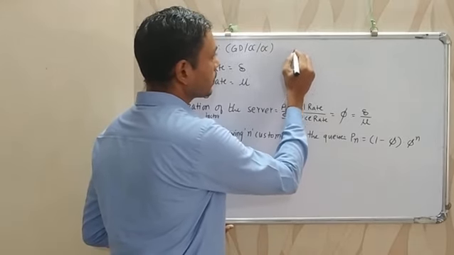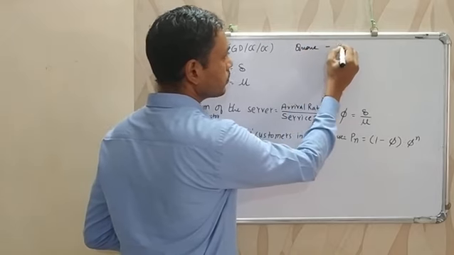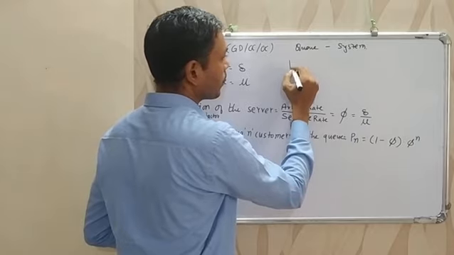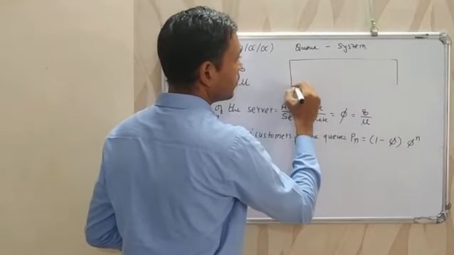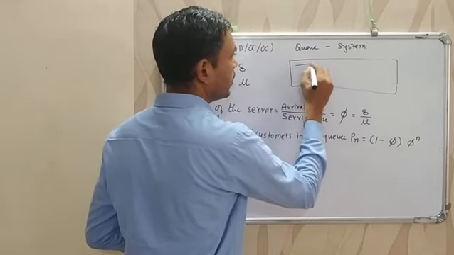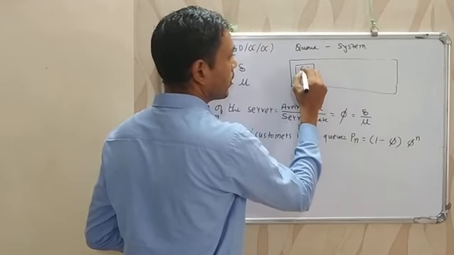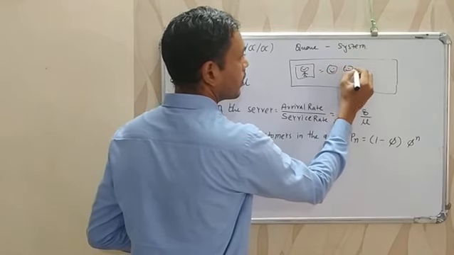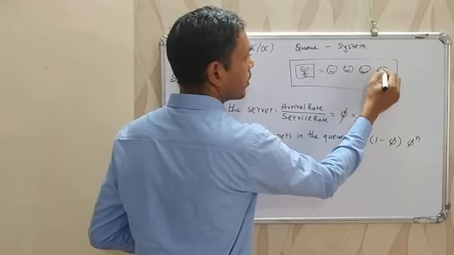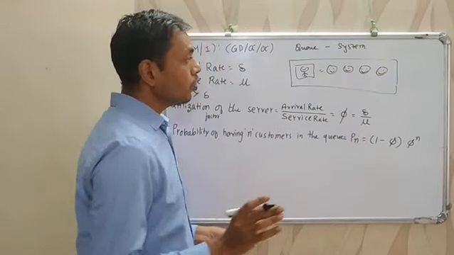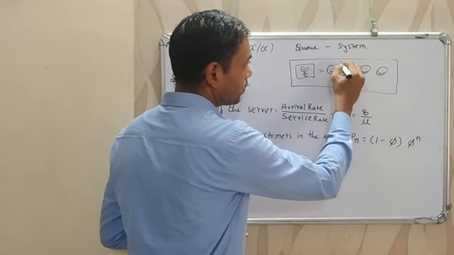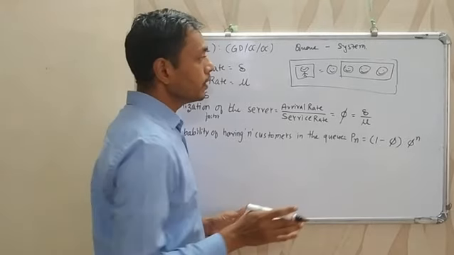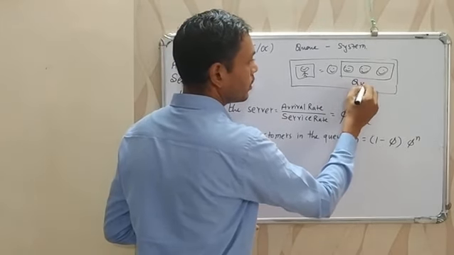One is queue, another is system. Let's say there is one queuing system. Here is the server who is providing the service. This much part, customers waiting in the queue, is known as the queue.